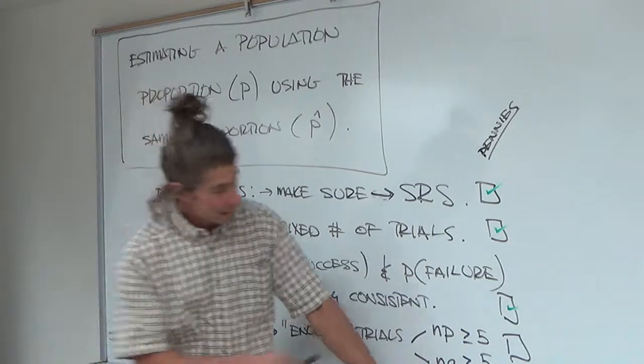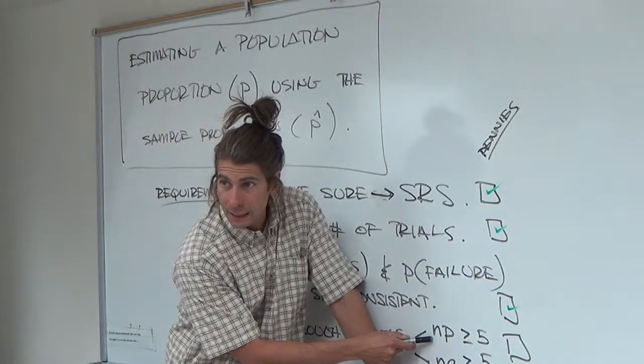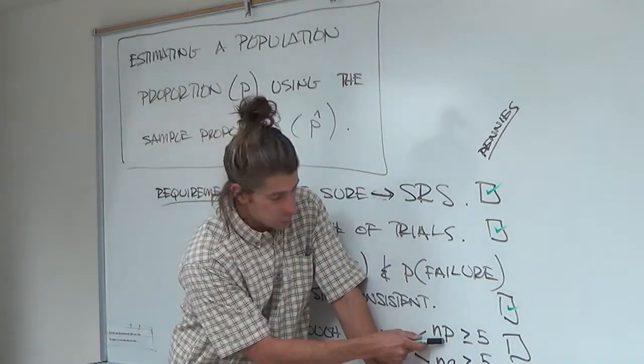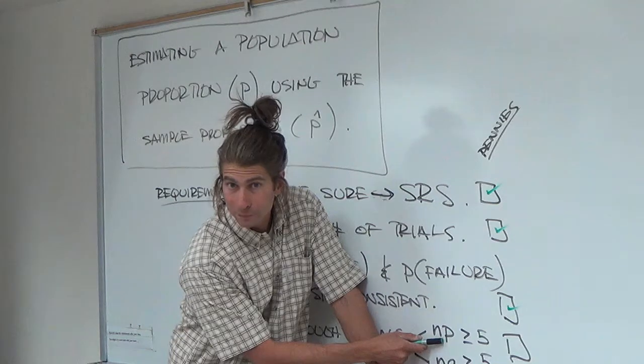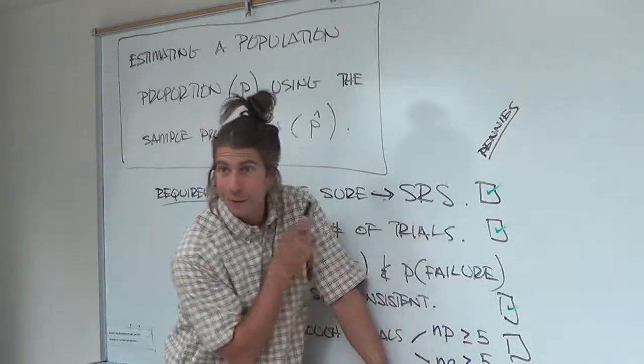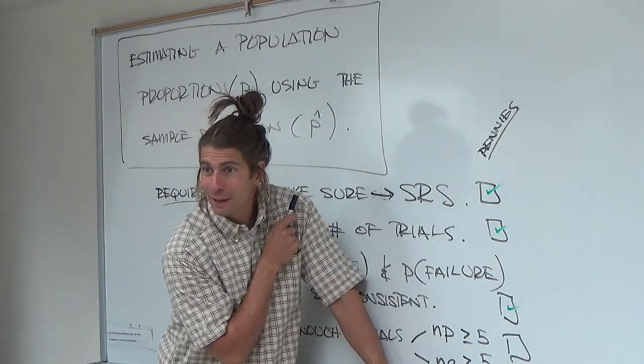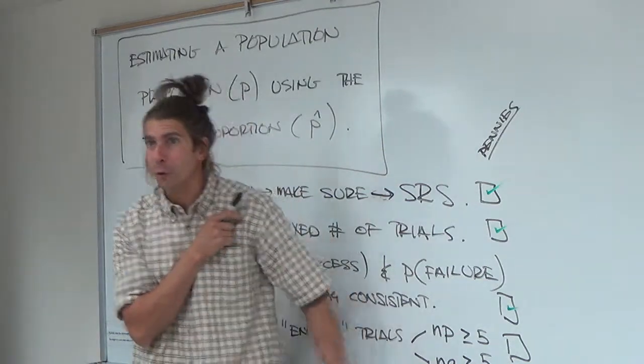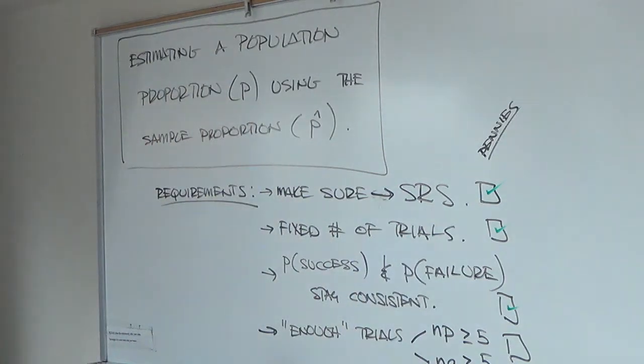How large of a sample would you need if this was 0.4 to get n times 0.4 equals 5? It would be 5 divided by 0.4, which is 50 divided by 4, which is 12.5. Did I do that right in my head? Check me on that. Sounds good, 12.5.